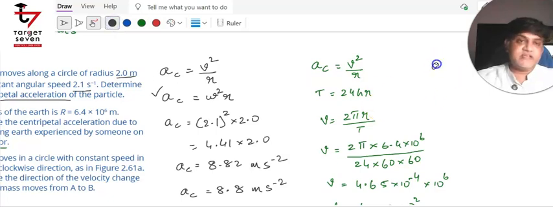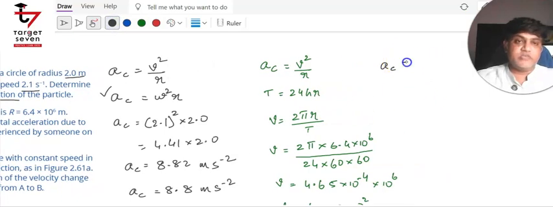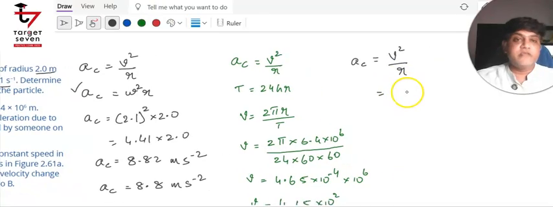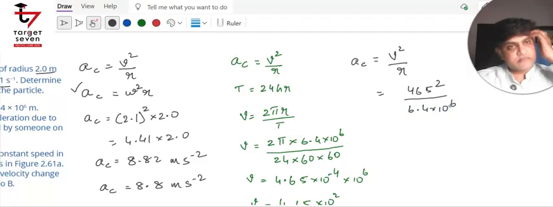Now, if this is the linear speed, we already have the formula for centripetal acceleration. It is a_c is equal to, again, v squared upon r. R here is again the radius of the Earth. So 465 squared divided by 6.4 into 10 to the power 6. Let's quickly calculate this value here.